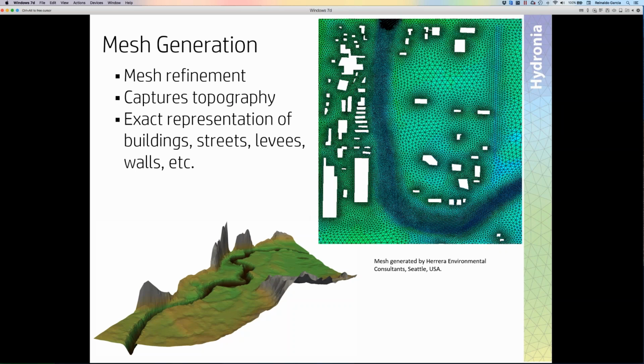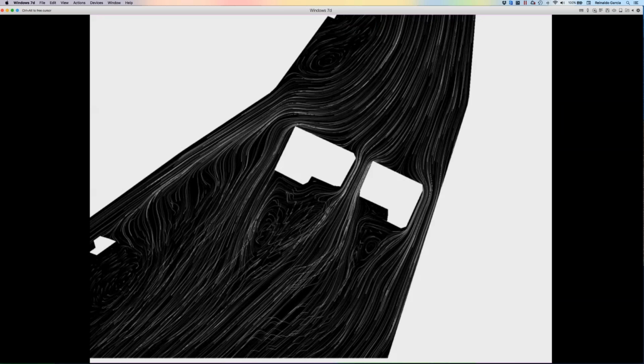The mesh generation, again, you can have a refinement, so you can add a lot of detail in some areas where you need more accuracy. That allows you to capture exactly the topography, and also to represent buildings, street levees, and walls, as you can see on the right image here.